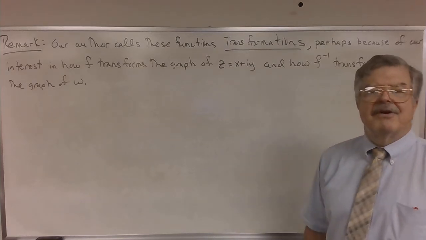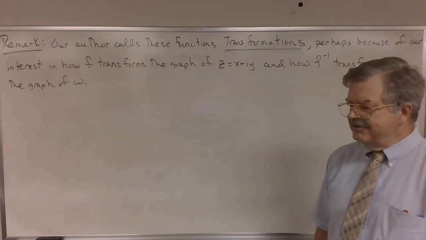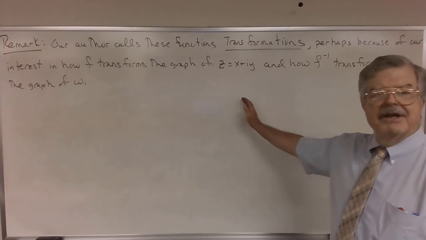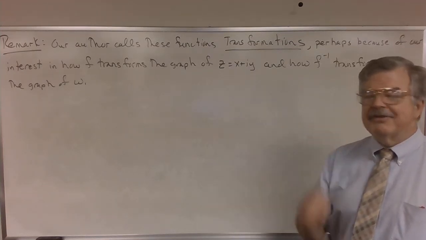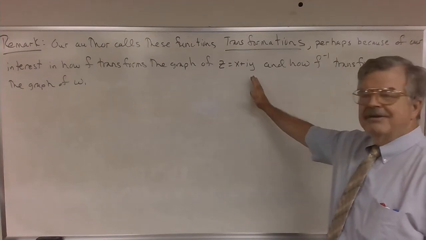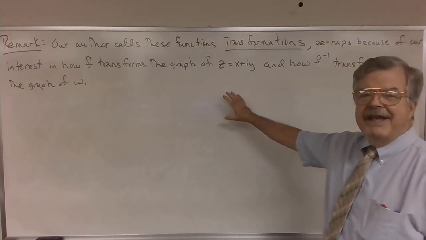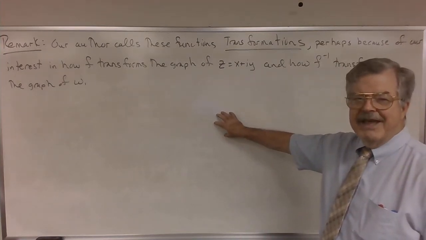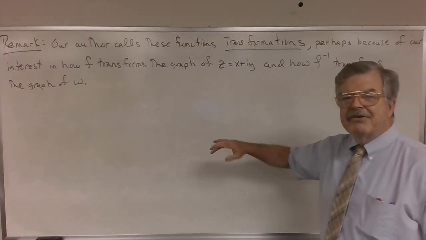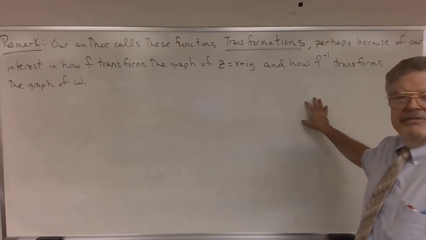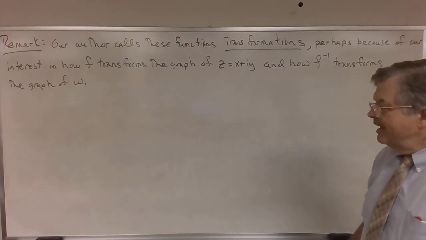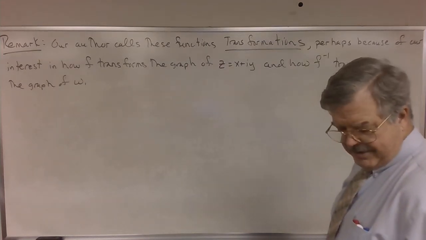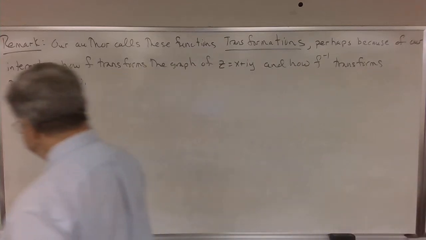So when our author talks about transformations, he's just talking about these functions, but perhaps with a special interest in how the function takes a particular region in the xy plane and transforms it into a region of another shape in the uv plane. Now, I think we want to do some examples.